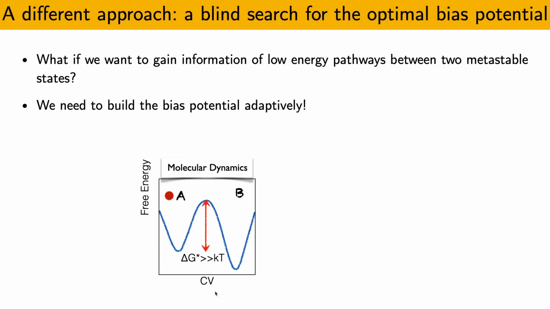A method that implements this idea is metadynamics. And metadynamics allows to construct iteratively and adaptively a bias potential that increases the chances of leaving metastable states, exploring pathways that connect those metastable states to other metastable states, and in the process allows to compute free energy surfaces.